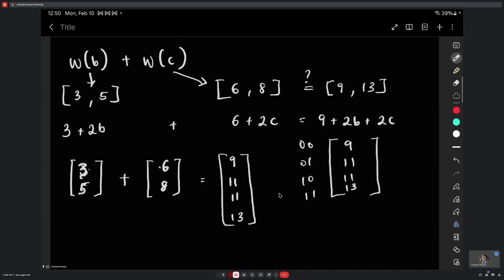But let's look at another way to go about it. This is the polynomial we're expecting to get.